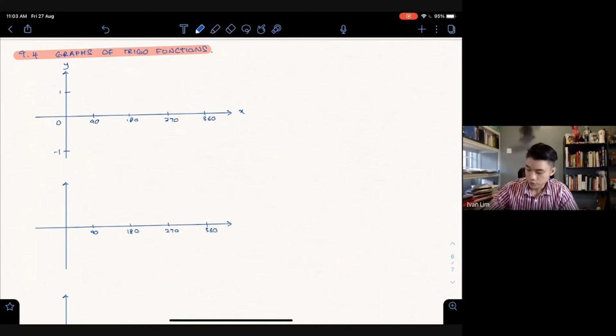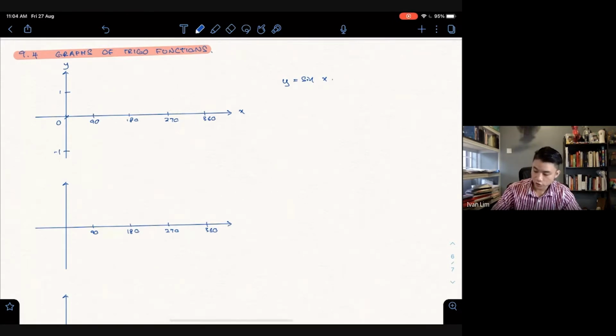Okay, so the very first graph that we're going to draw is y equals sine x. It's going to be a shape that looks like an S like this, and you start from 0.